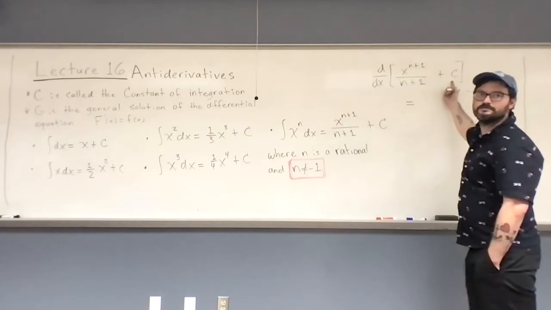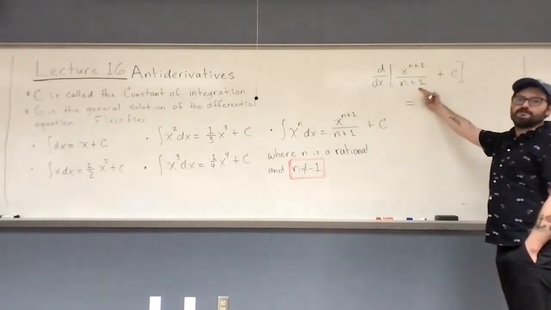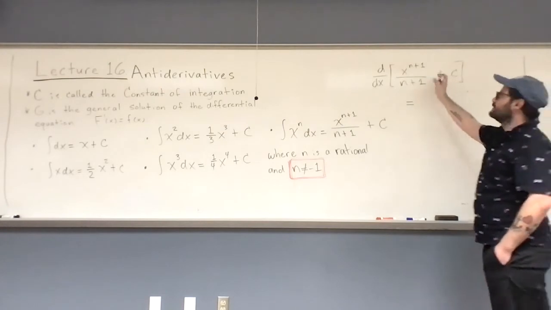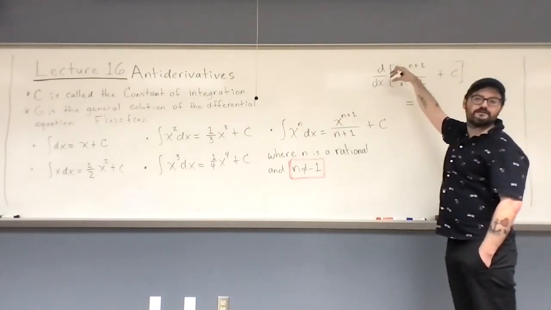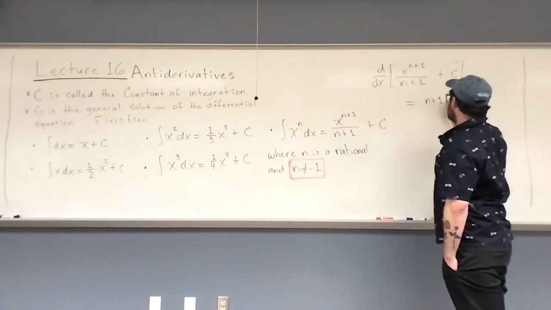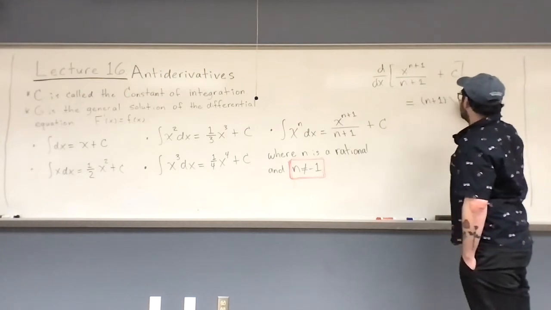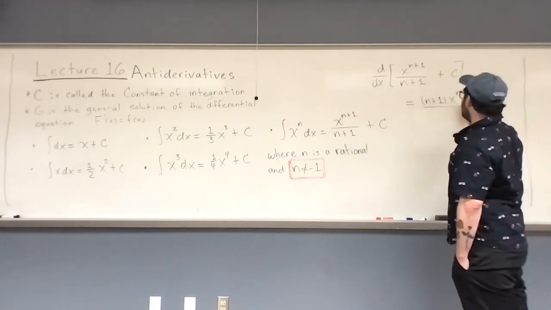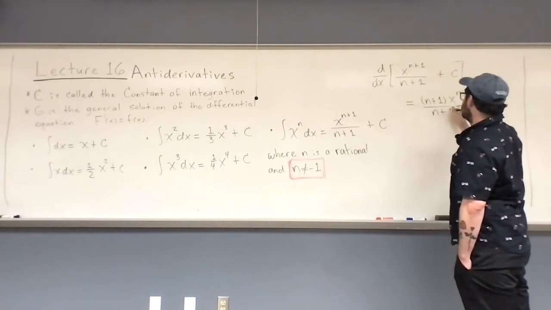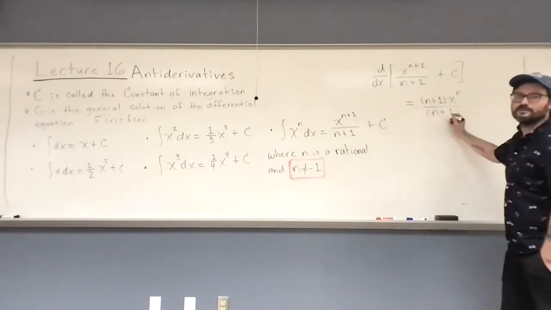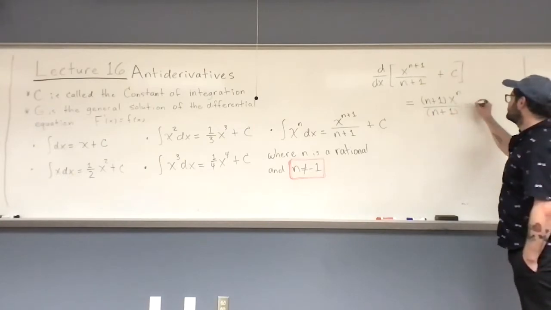The c is just 0, so we're concerned about the other part. Use the power rule. The exponent multiplies down, so you'll get n plus 1 times x to the power of n, all over n plus 1. n plus 1 divided by n plus 1 is just 1. What are you left with? x to the n.